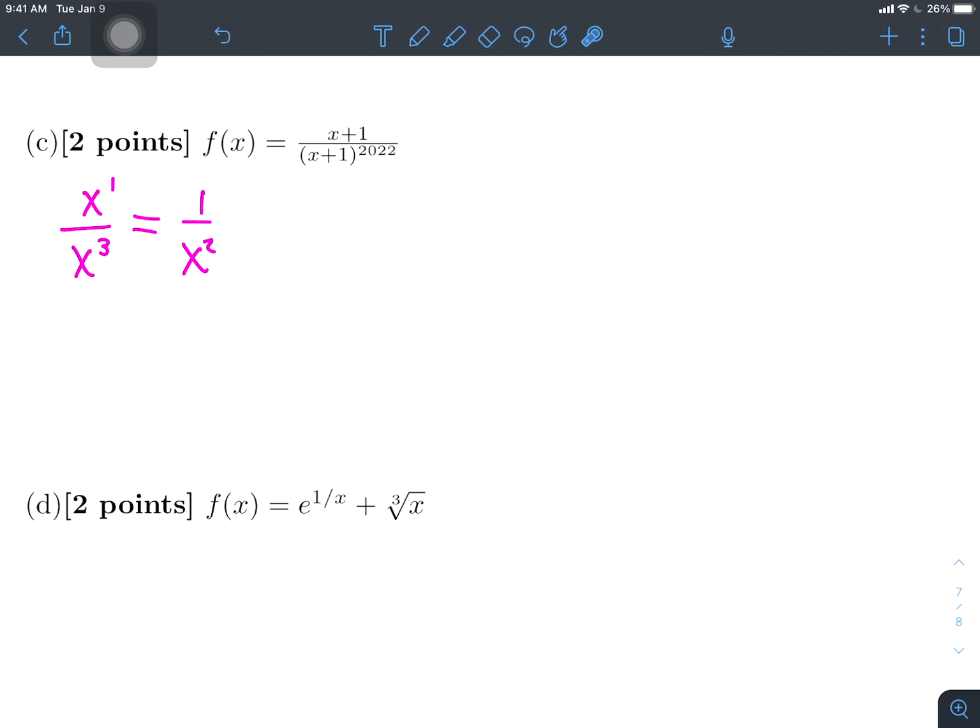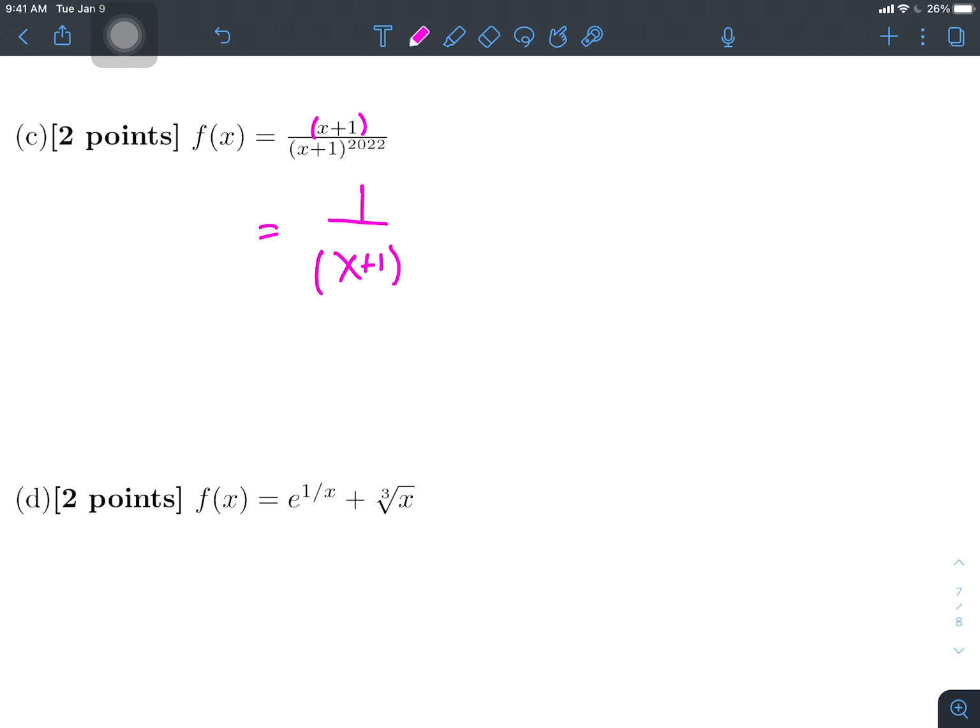We would subtract 1 from 3 and get 1 over x squared. So I'm going to use the same principle here because I have x plus 1 in the numerator and x plus 1 in the denominator. So I'm just going to rewrite this as 1 over x plus 1 to the 2021.